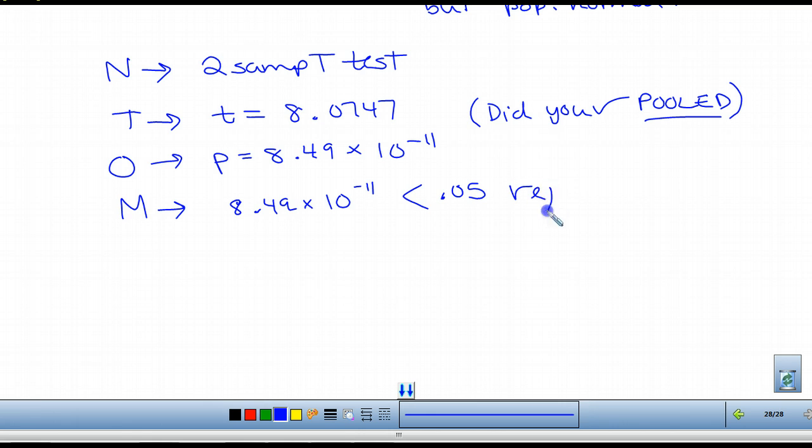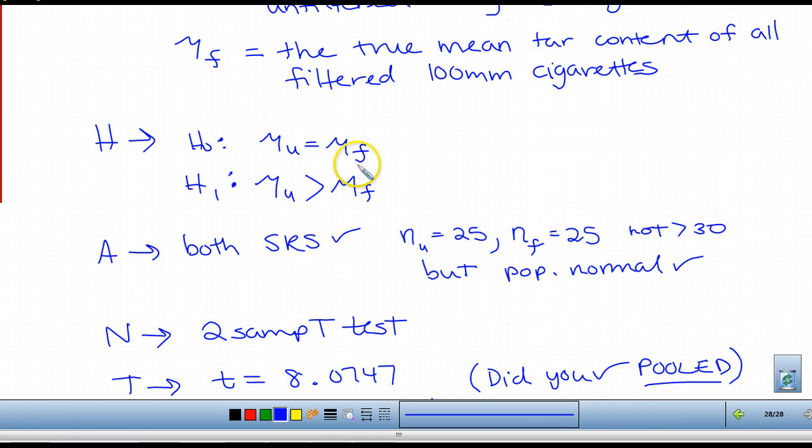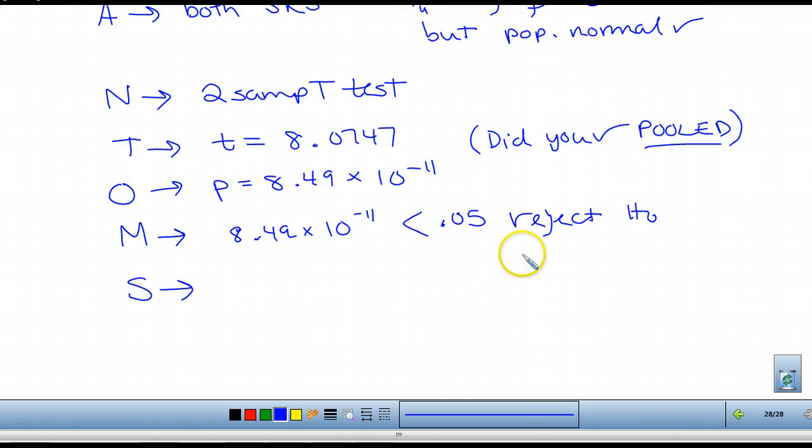And so we're going to reject the null. And for my statement, we're going to say that there is sufficient evidence to support that the mean tar content is larger in the unfiltered.